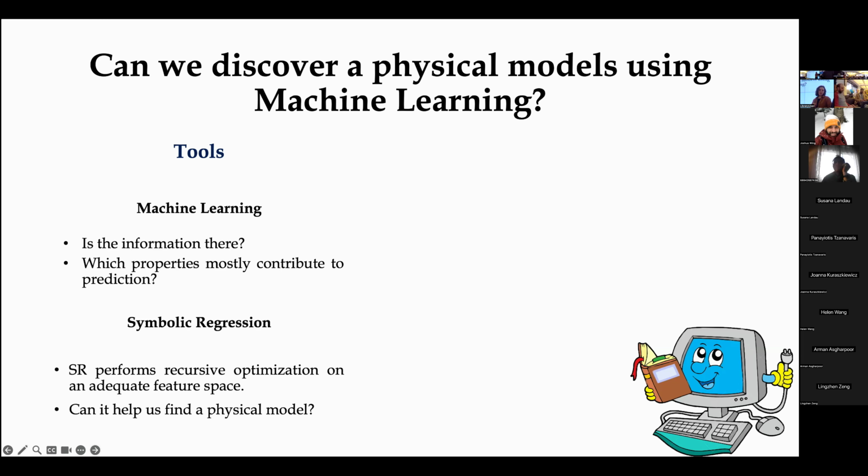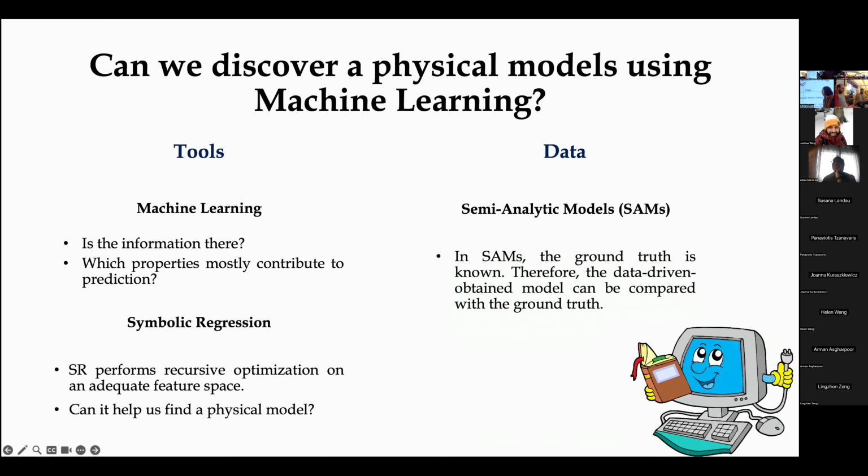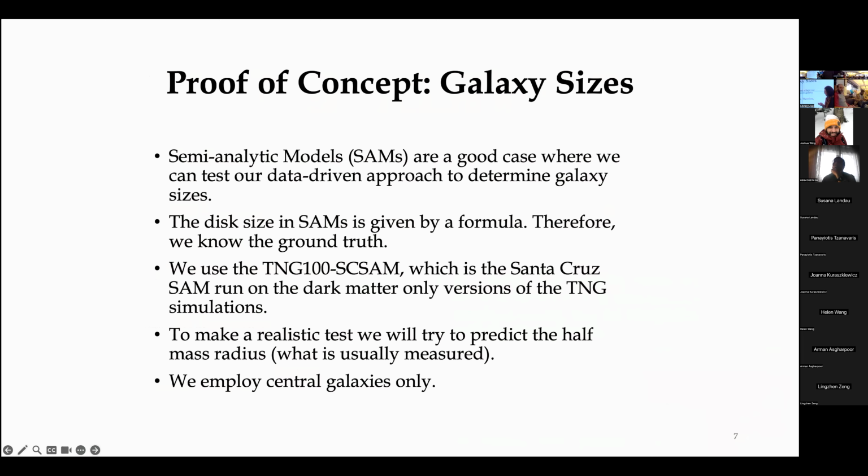Now, a great setup to apply this kind of workflow are the semi-analytical models, simply because in semi-analytical models, we know the ground truth. So what we use in this work is semi-analytical models, the Santa Cruz SAM, which is run on merger trees extracted from TNG hydrodynamical simulations.